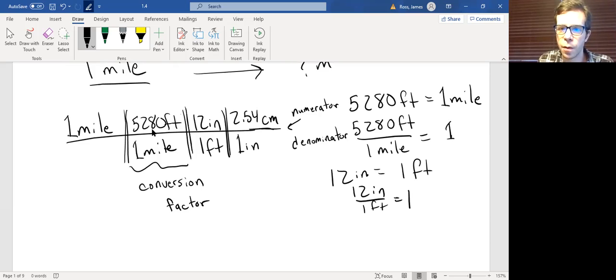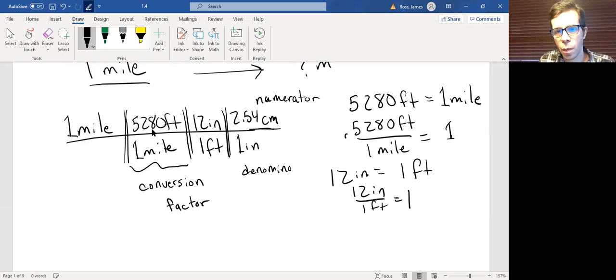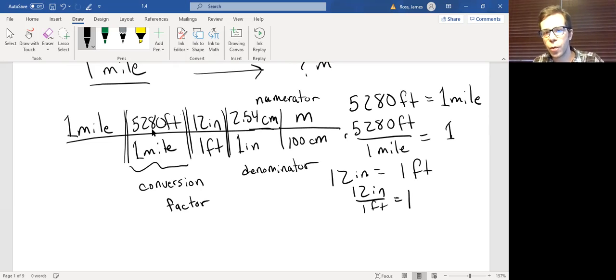So one meter is 100 centimeters, right? That's what the root word centi means, right? Like century, 100.